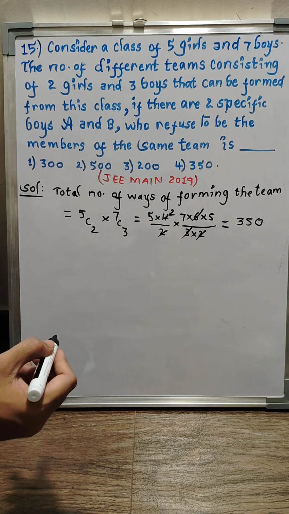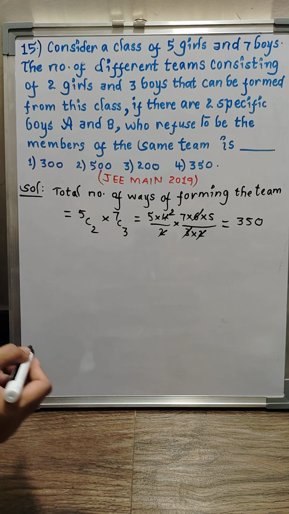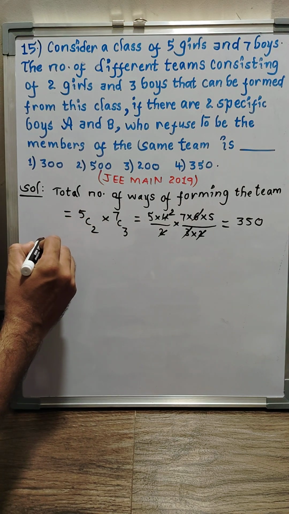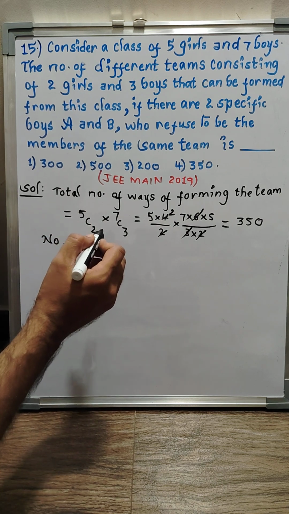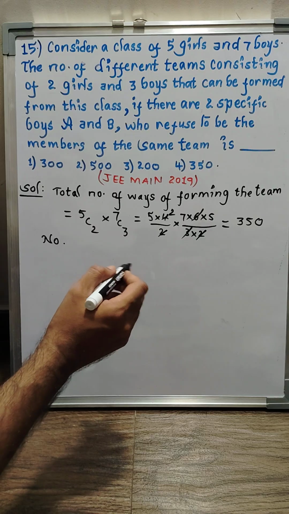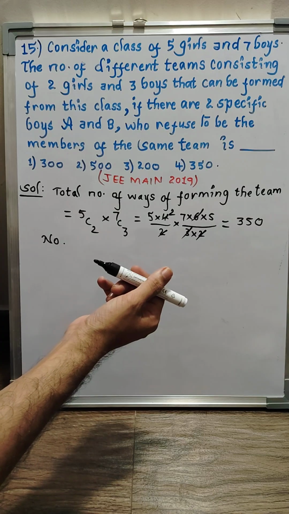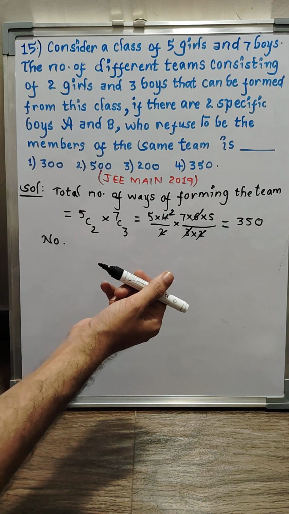And the number of ways in which two specific boys are in the same team. At first we will find the number of ways in which two specific boys are in the same team, and then we will subtract that value from the total number of ways of forming the team, so that we can get the number of ways in which two specific boys are not in the same team.